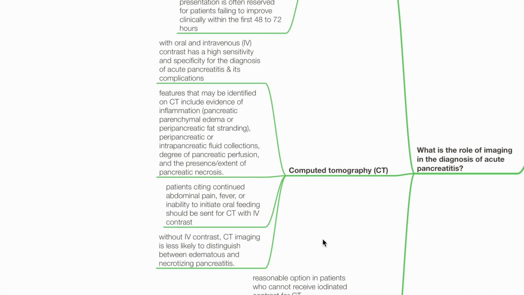Possible findings include evidence of inflammation, peripancreatic or intrapancreatic fluid collections, pancreatic perfusion abnormalities, and presence or extent of pancreatic necrosis. Patients with continued abdominal pain, fever, or inability to initiate oral feeding should be sent for CT scan with IV contrast. IV contrast helps to distinguish between edematous and necrotizing pancreatitis.